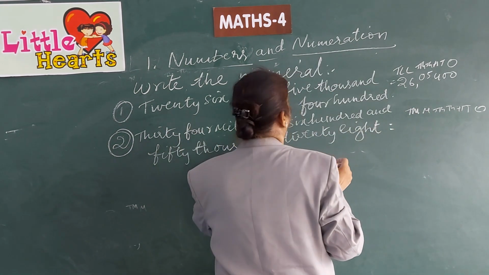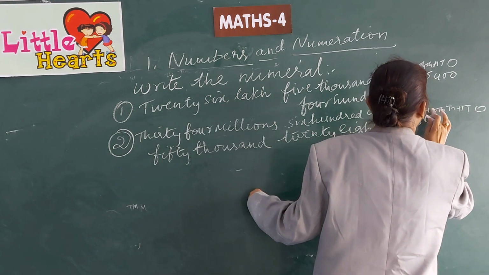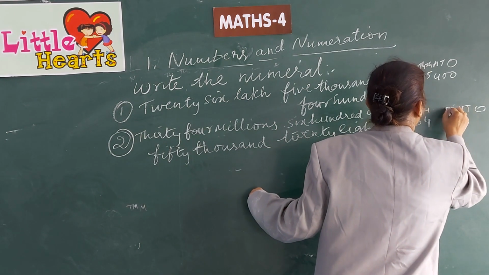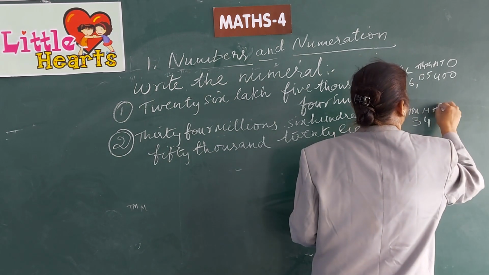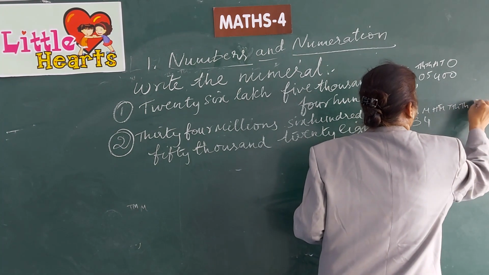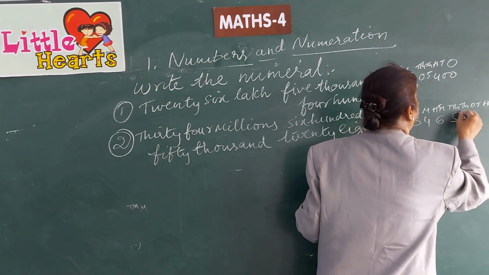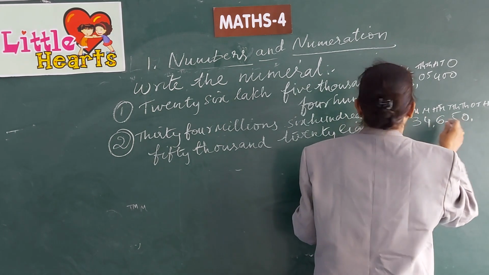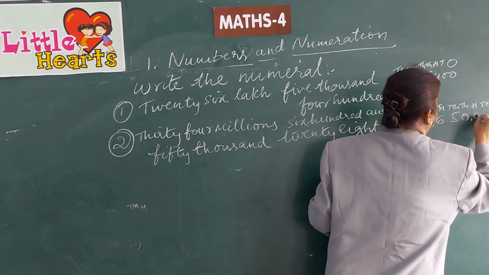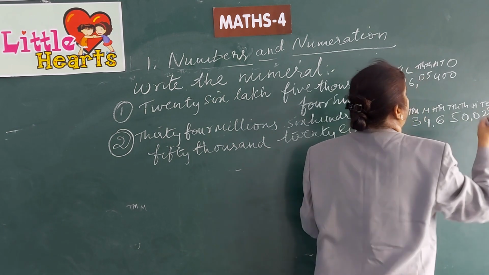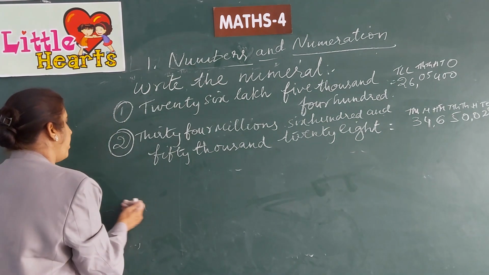So 34 millions in the millions period, and 650,000 in the thousands period, and 28. 0 in the hundreds, 2 in the tens, 8 in the ones. So you can write the number name like this.